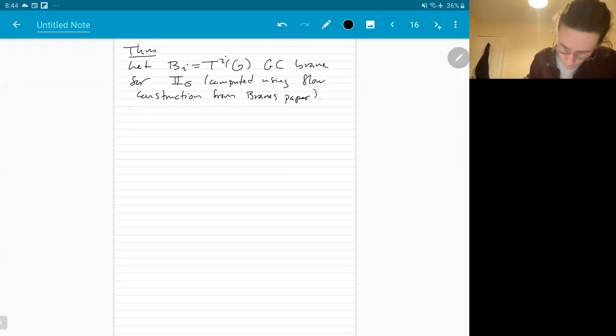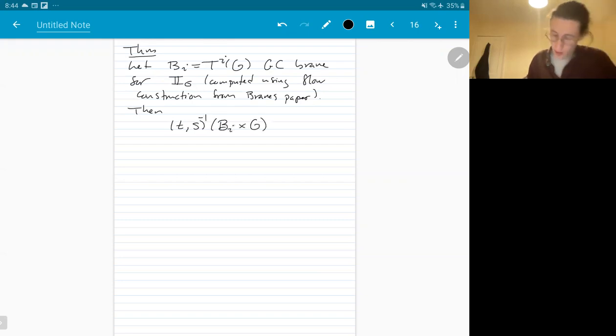Then we can pull it back to get an A brane on the cotangent bundle, and the result is that it actually gives us the brane that we had before. So this is the brane constructed earlier.